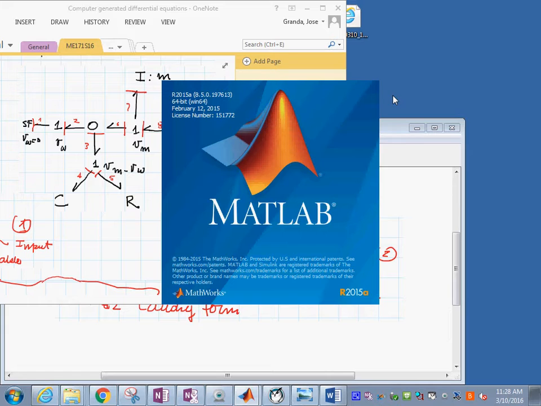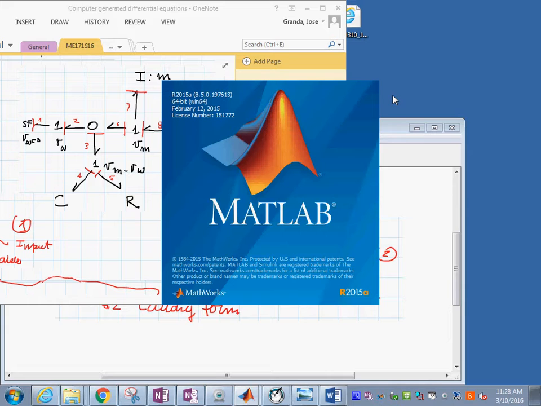What we are concentrating on today is the ability of CAMG to generate these equations automatically. So that's why we title our lecture today Computer Generated Differential Equations, or we could say an automated method to produce the differential equations in the Cauchy form and in the state space form.